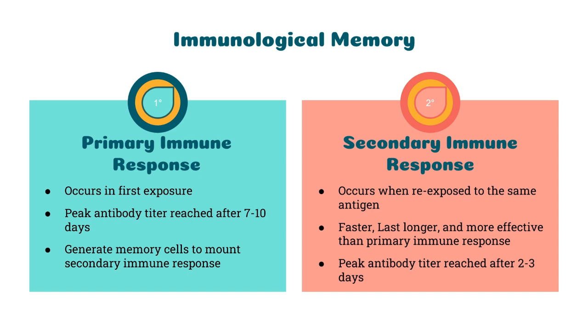In humoral immunity, in the primary immune response, IgM antibody is mainly produced, and at the end IgG, while in the secondary immune response, only IgG antibodies are produced. Mainly it's IgG.